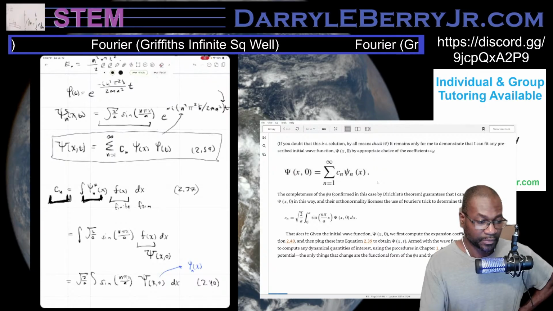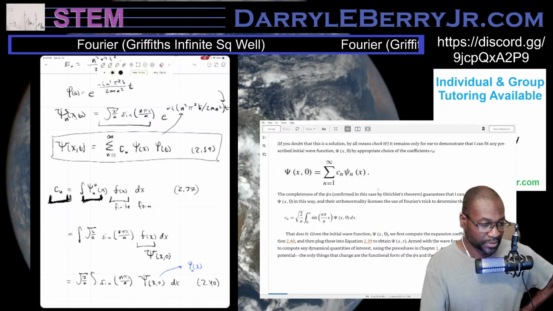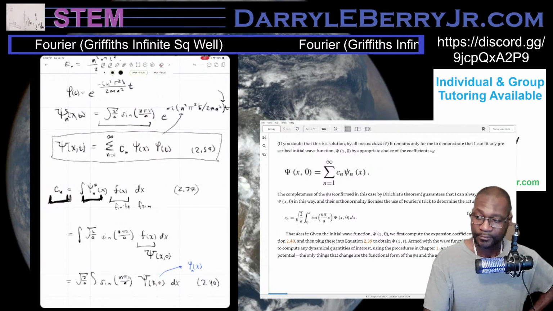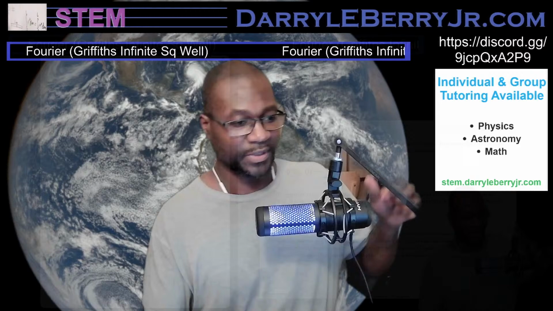Armed with the wave function, we're in a position to compute any dynamical quantities of interest using the procedures in chapter 1. And this same ritual applies to any potential. The only things that change are the functional forms of psi and the equation for the allowed energies. All right, so that seems like a good place to stop.